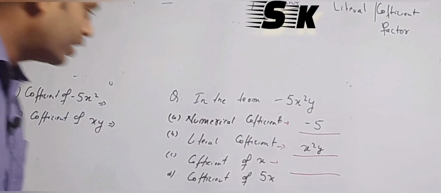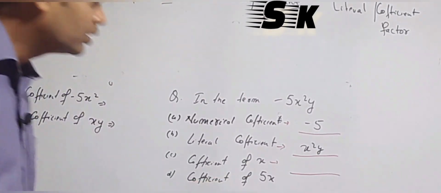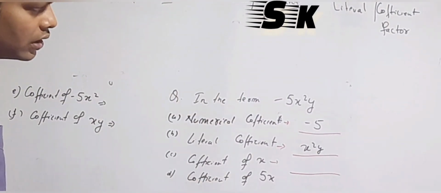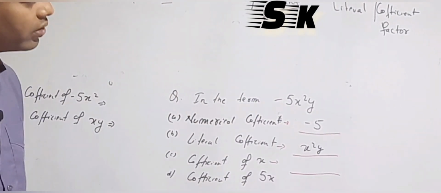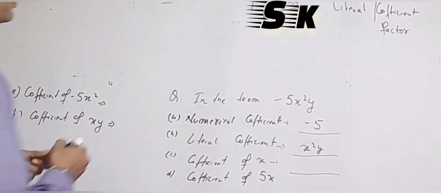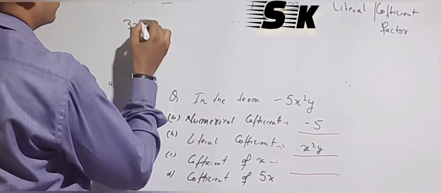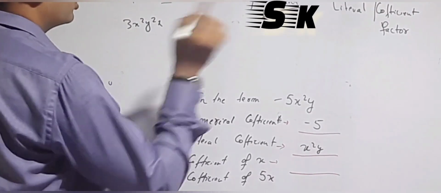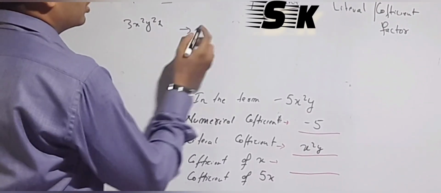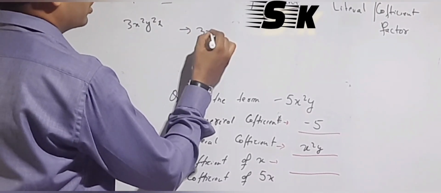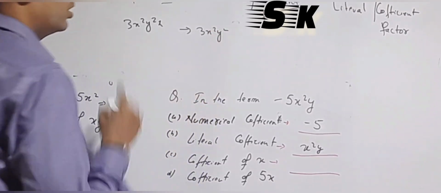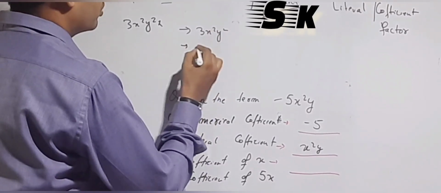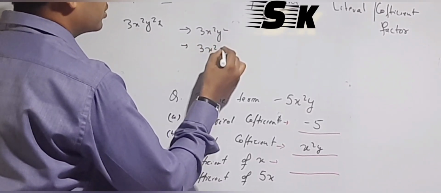Now, what is the coefficient of x? Sir, here the coefficient of x, but x square is there, sir, x is not there. Listen to one thing. If this is just like 3x square y square z, for example, and they are asking the coefficient of z, what will you write? Coefficient of z will be 3x square y square. If they say coefficient of y square, you will write 3x square z.